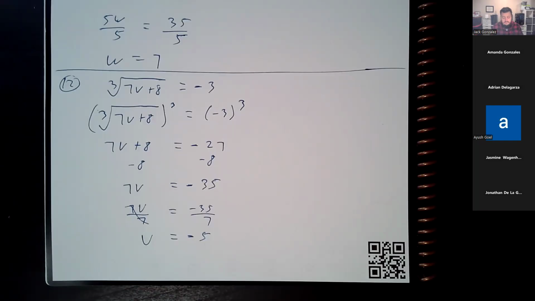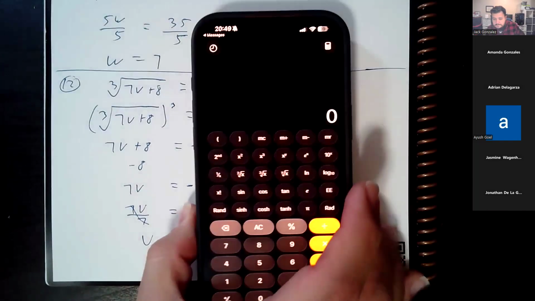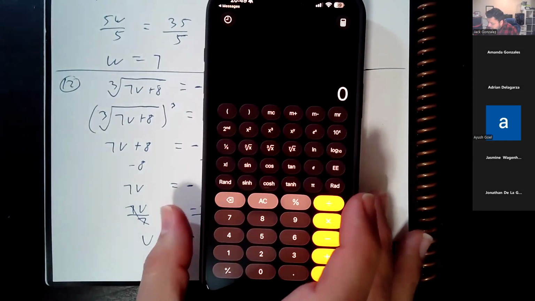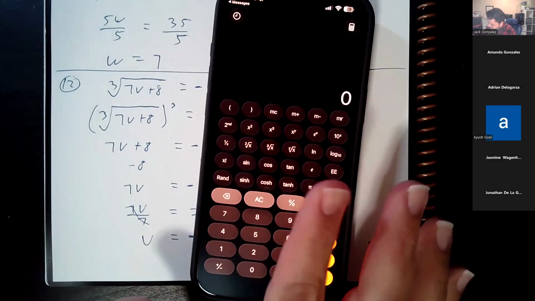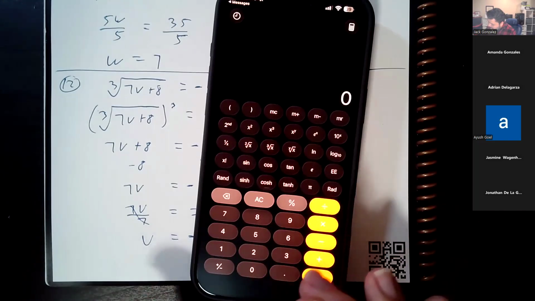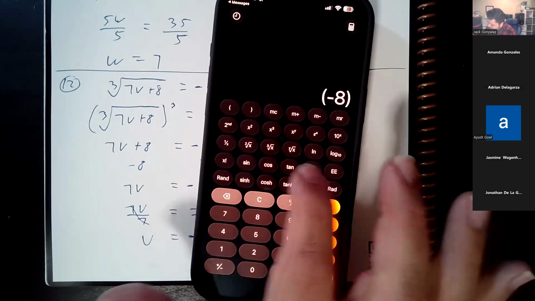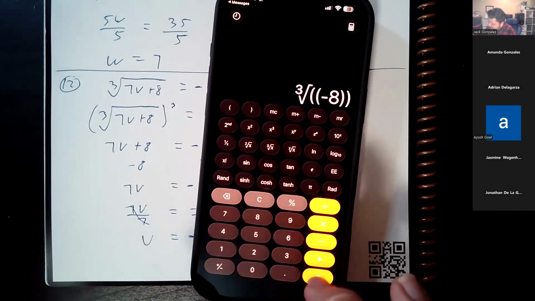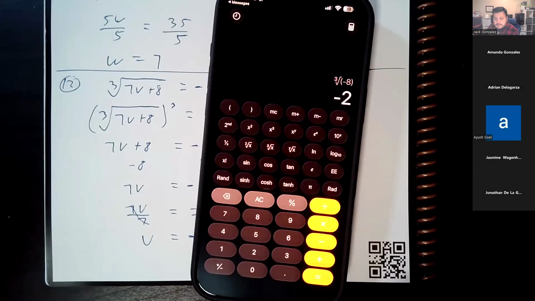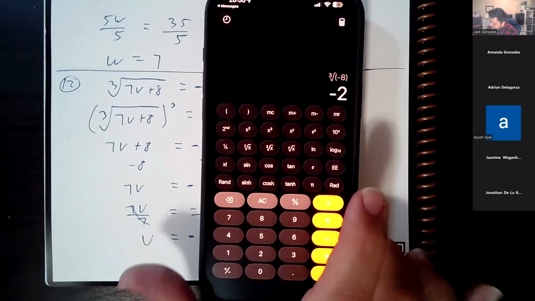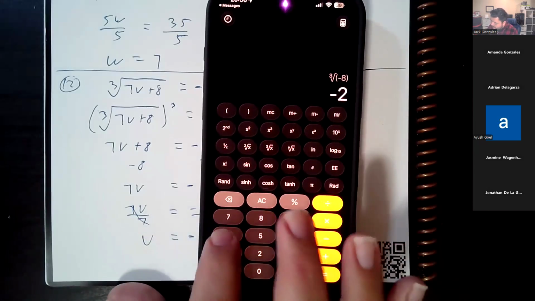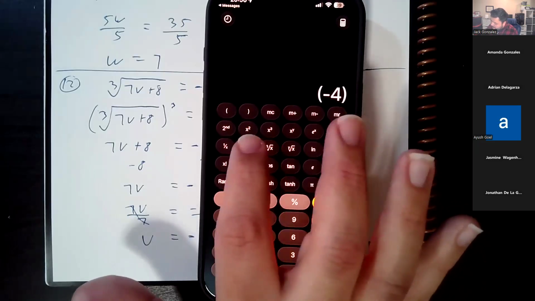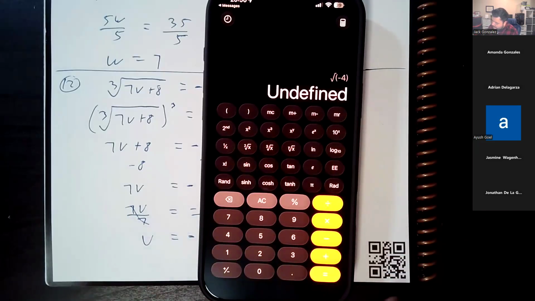In fact, let's do it ourselves, right? See what happens. Negative 8. Cube root of that is a negative 2. See what I mean? A negative inside a square root is a problem.